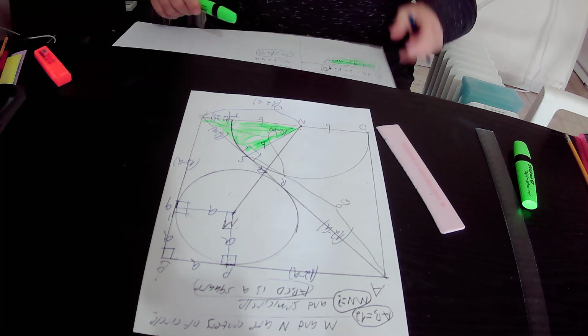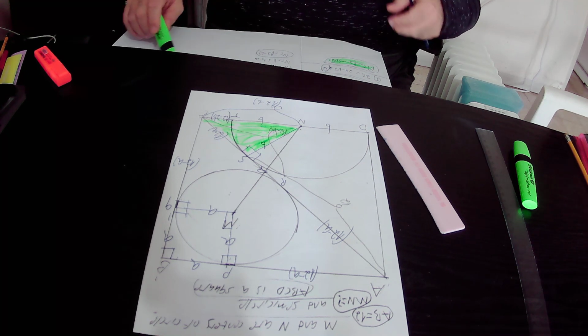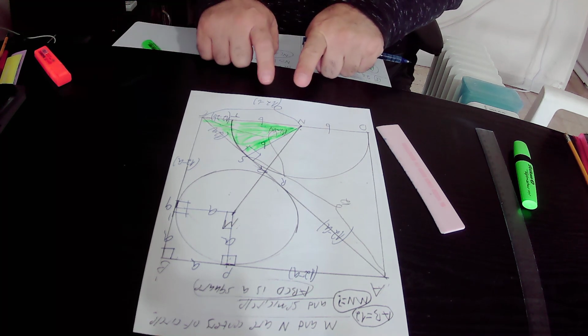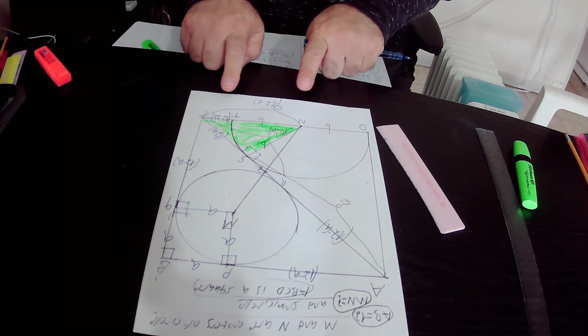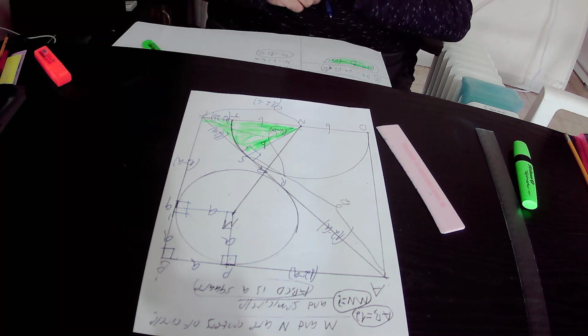Here the hypotenuse of the right green triangle NSC is NC.